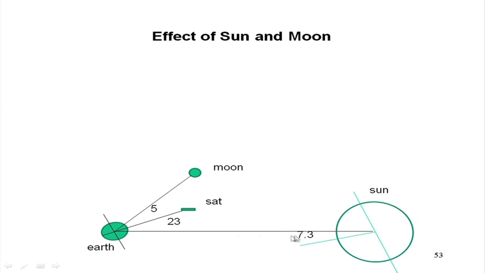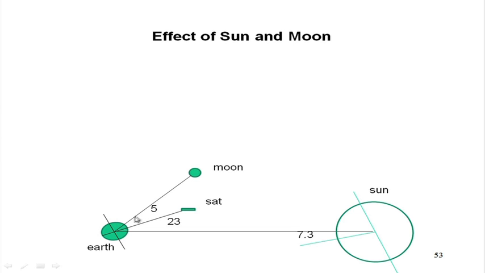Earth is orbiting around the sun on a plane which is not the plane on which the sun revolves, which is making some 7.3 degree angle. Similarly, Earth's equatorial plane and Earth's orbital plane around the sun are 23 degree apart, roughly. The satellite is on the equatorial plane, geostationary satellite.